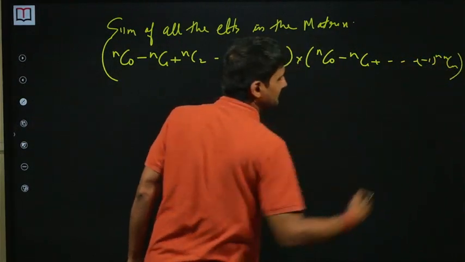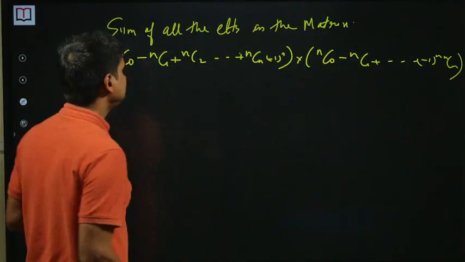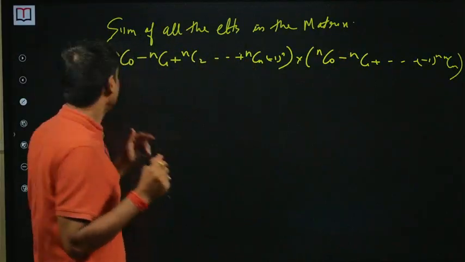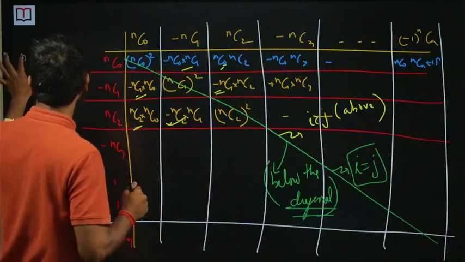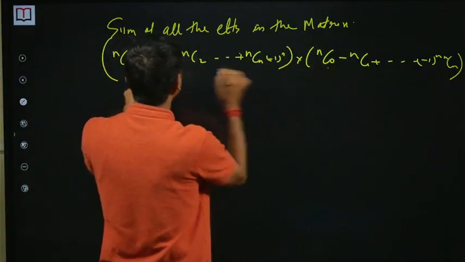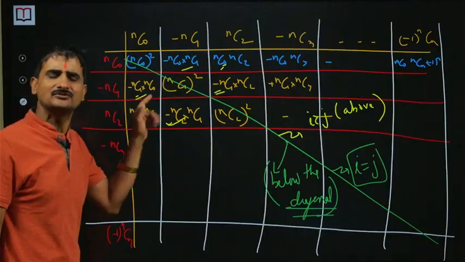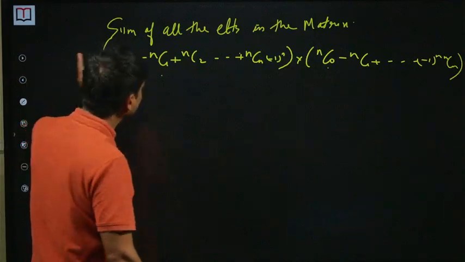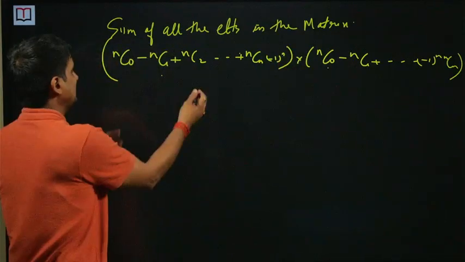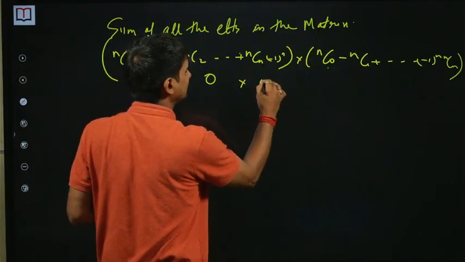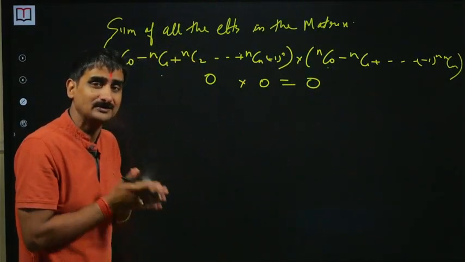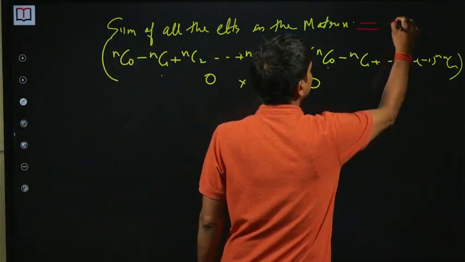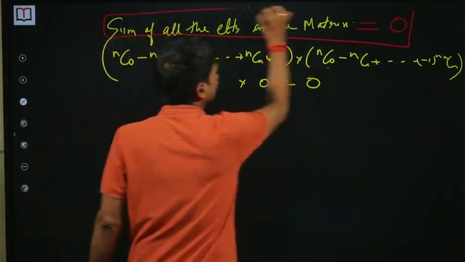When you multiply them, you will get all possible terms: nC0 whole square, the first one, nC0 into minus nC1, and minus nC1 into nC0, minus nC1 into n. So you will get all possible entries of this matrix. But we know this sum is 0 and this sum is 0, so this is actually 0. What does that mean? The sum of all the elements in the matrix is 0, first thing.